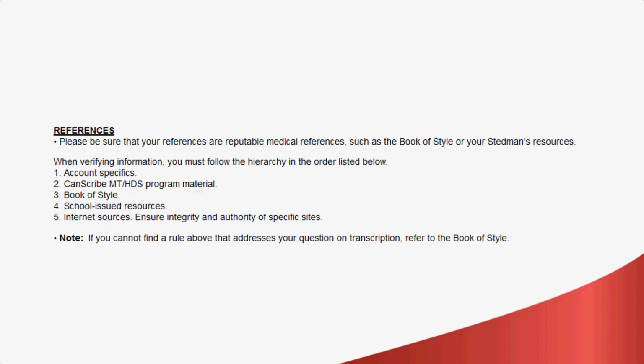So say I wanted to find a rule about headings. I would just type in the word head, and it will bring up whether the word heading or headings plural. It'll bring up both. And I can go through and find every little rule that has to do with headings. I do that instead of just going to the headings section because sometimes there's a little rule that's hidden somewhere else.